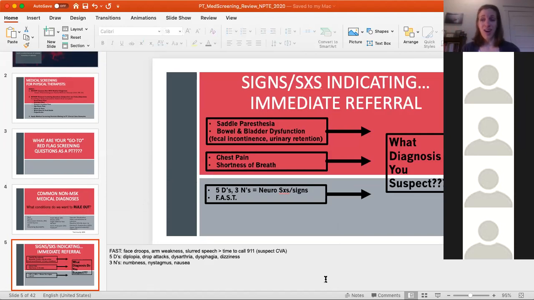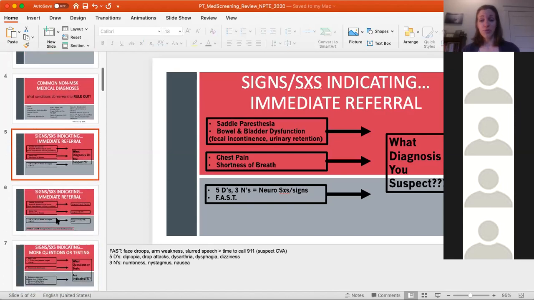Chest pain, shortness of breath, what further questions or tests might you want to use for that specific patient? And then what about your neuroscience? Face droops, arm weakness, slurred speech, FAST acronym, time to call 911. That individual might be our stroke patient or have devolving neuro symptoms.